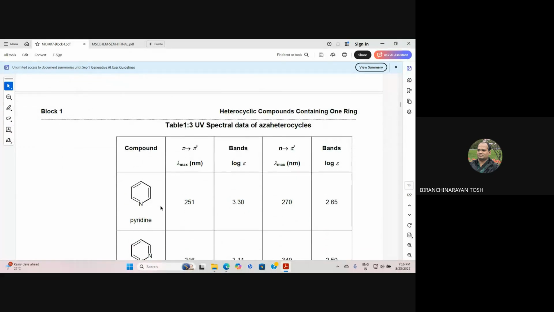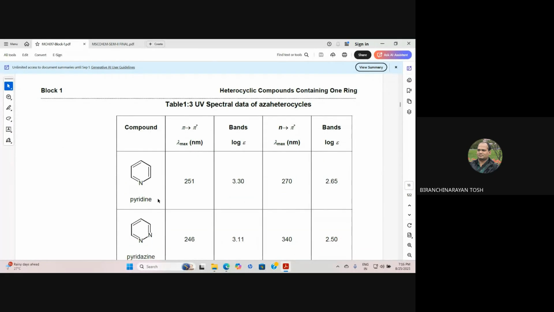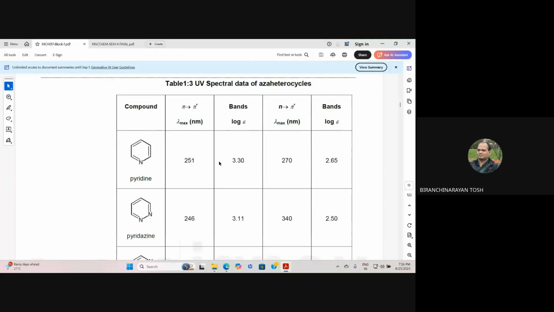Different compounds and their UV spectra are written here. The lambda max is at 251 for pyridine, containing only one heteroatom, nitrogen. And in pyridazine, two are there. The lambda max value for the pi to pi star transition decreases, but the n to pi star transition increases, because the lone pairs are loosely bound now.